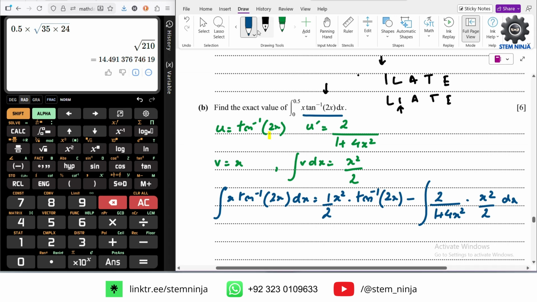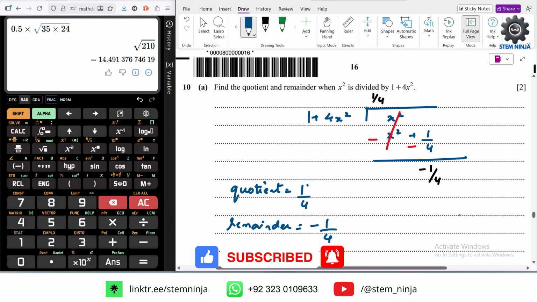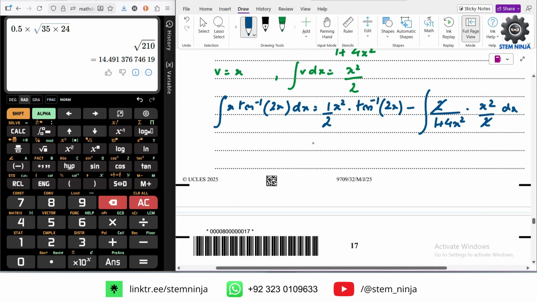Right, so this is where the first part actually comes in. So x squared divided by 1 plus 4x squared is actually this thing. So 1 over 4, let's write over here.